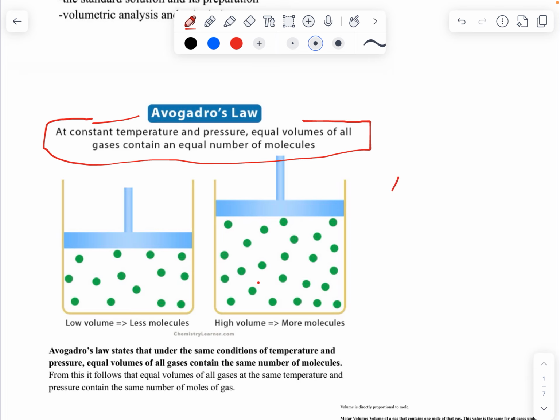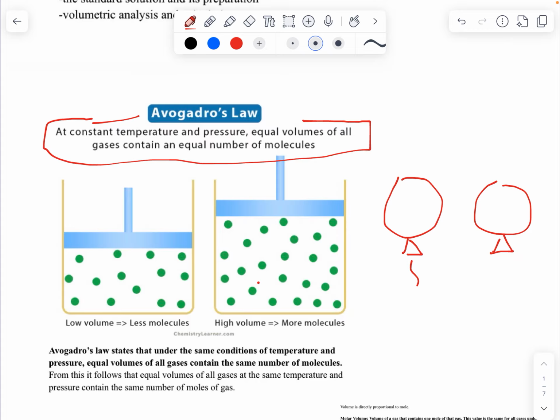What that is saying is this: no matter the temperature or the pressure, and no matter the type of gas, equal volume will always contain an equal number of molecules, and remember that molecules relate to particles, so an equal number of particles.